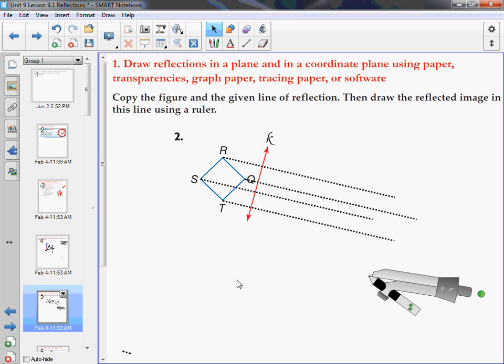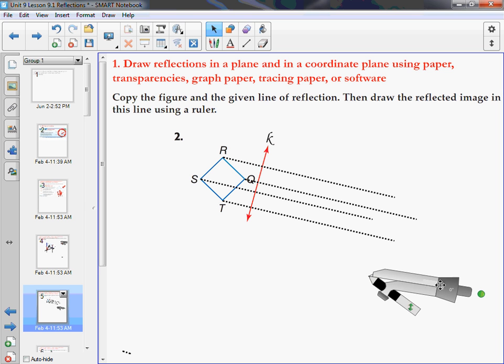Now, yours is going to look a little different than mine because your QRST is a little different than mine. Anybody get there so that when they made the dotted line, 2 of the points were on the same dotted line? Somebody did earlier today. That's okay. I mean, if you tried to do it on purpose, you'd probably never do it, but yeah, that can happen. Okay? So, are we all full of dotted lines?